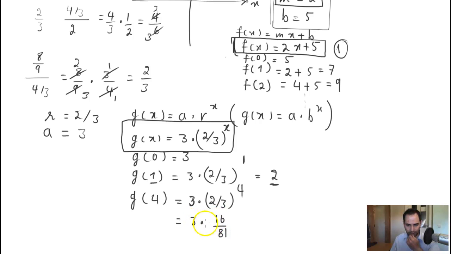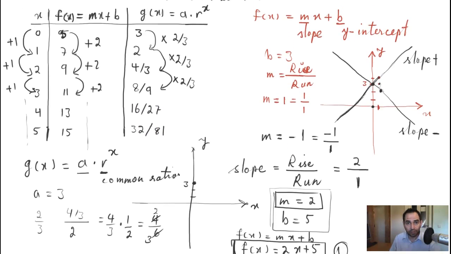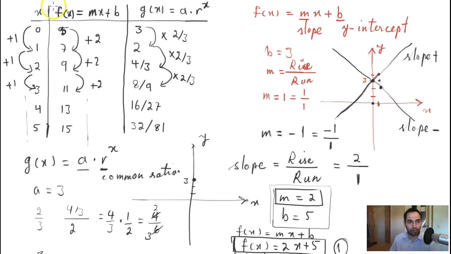And 81 is nothing but 9 times 9, and you can simplify this with a 9. So 3 into 9 is 27, and this becomes 16 by 27. So when your input is 4, your output is 16 by 27. So that's basically how you write these functions based on such tables.